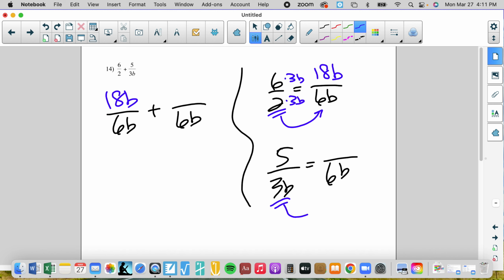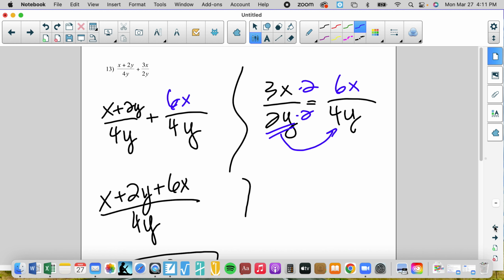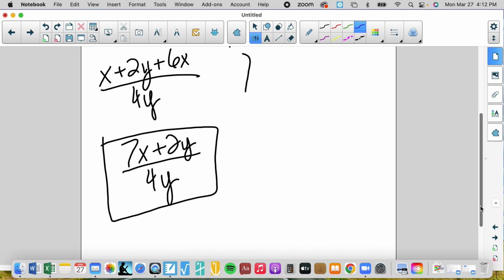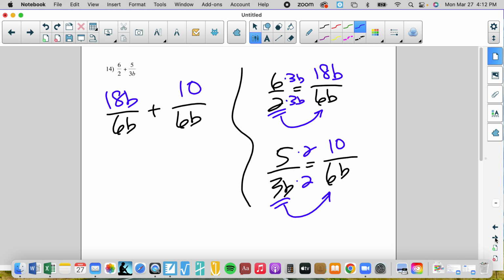We're going to multiply 3b by 2. That gives me 10. And something that we didn't discuss back here is order. Make sure your numerator is in standard form. x's come before y's. We get 18b plus 10 over 6b.